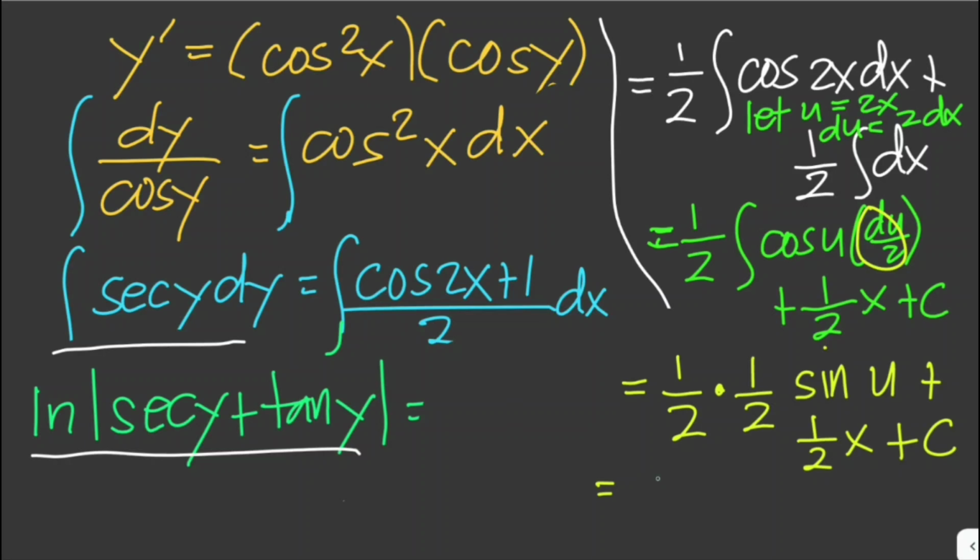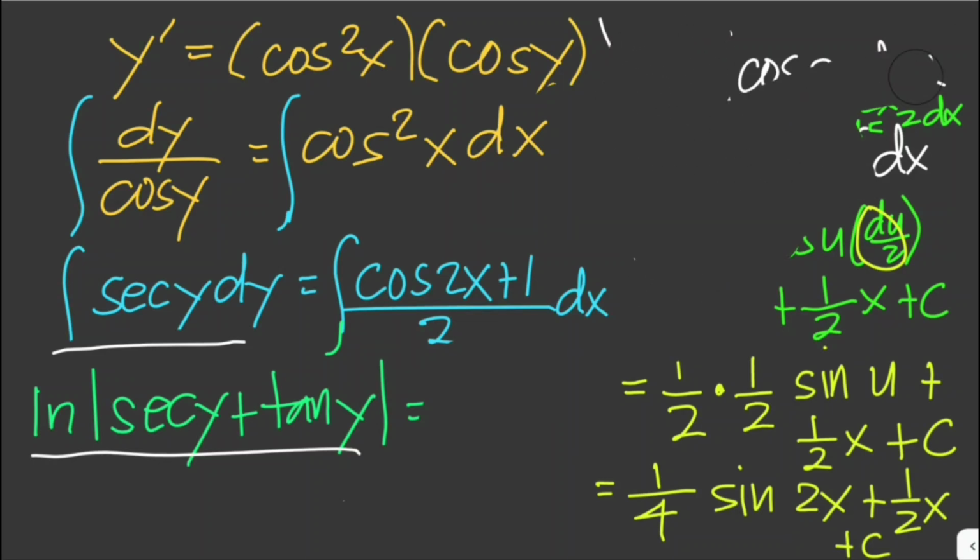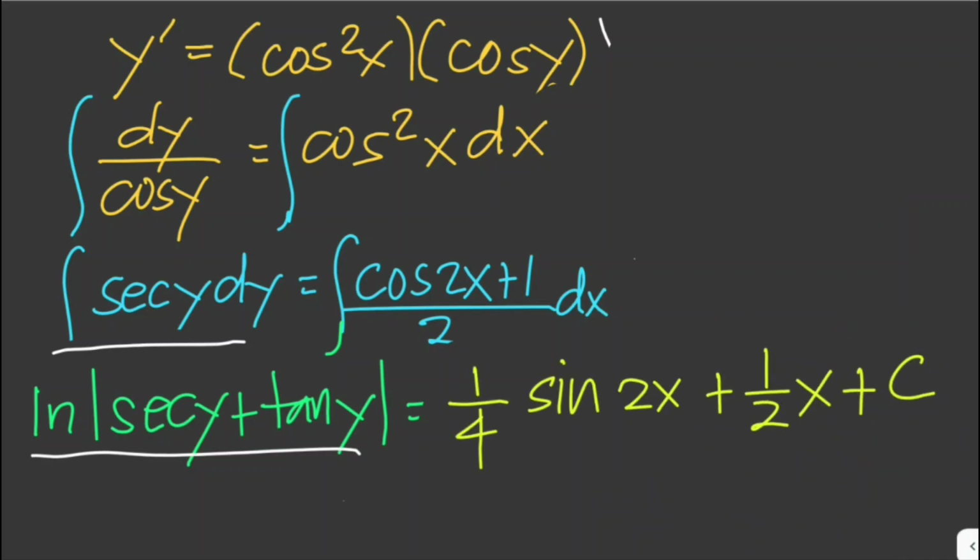So this is just equal to 1/4 sine u. We plug back into the equation the value of u, which is 2x, plus 1/2 x plus c. Therefore, the integral of cosine squared x dx is just equivalent to 1/4 sine 2x plus 1/2 x plus c.